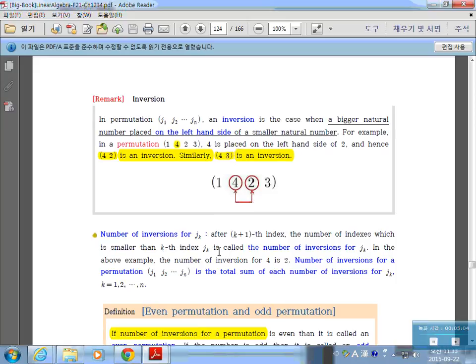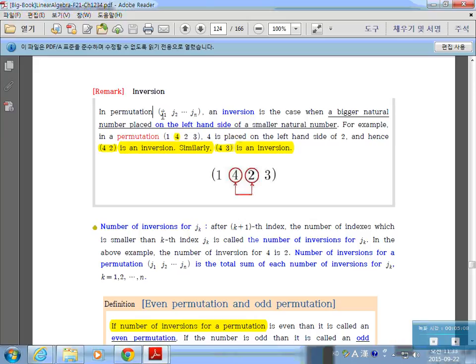Now a new definition: inversion. In a permutation, an inversion is the case when a bigger natural number is placed on the left-hand side of a smaller natural number. For example, if we have 1, 4, 2, 3, the original was 1, 2, 3, 4, and now there was a permutation change like this.